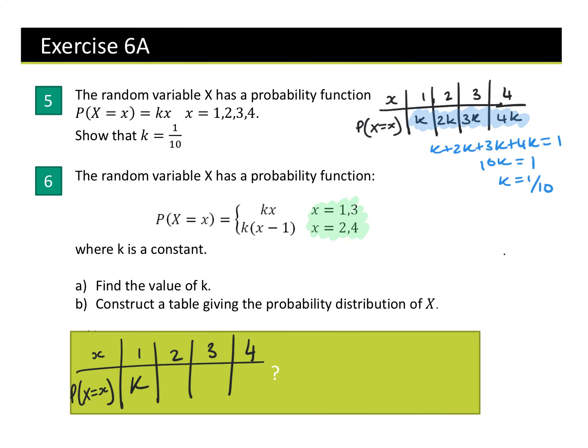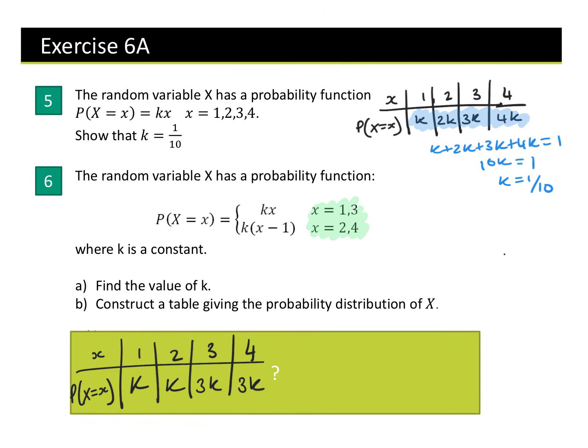The probability when x equals 2 is here, so I have to use this formula. 2 minus 1, 1 multiplied by k, k. 3, use this formula, 3k. 4, use this formula, also 3k.